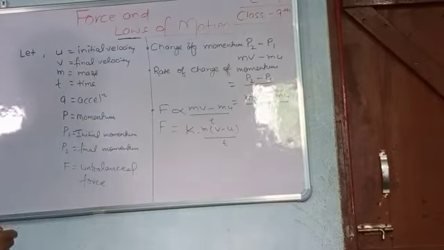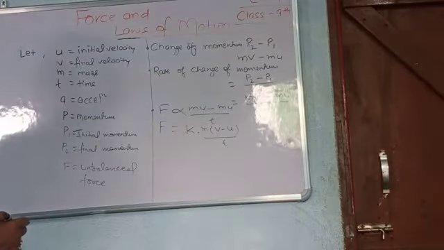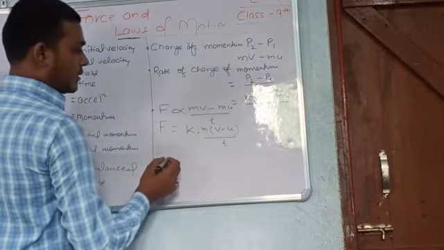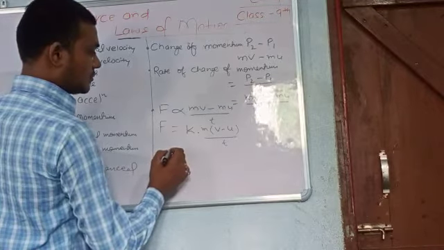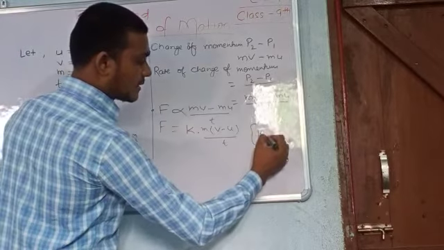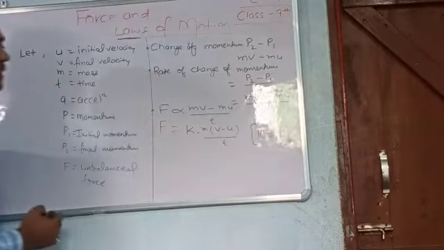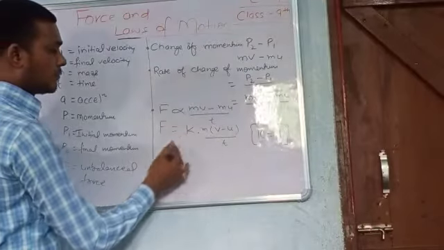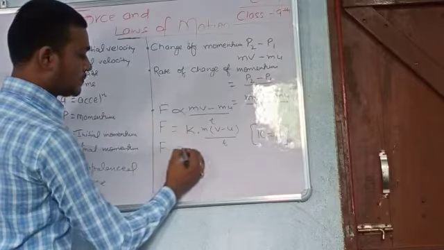Now we know that, just take k equal to 1, and 1 into this is equal to this.